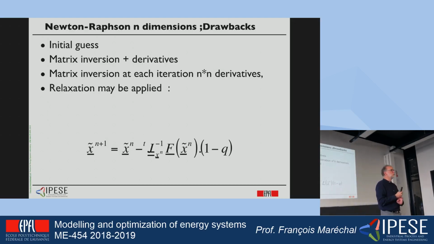We can always do a partial step. Okay? And in this case, we will apply a relaxation factor so that the new one will not be the full step, but will be somewhere in between, in the direction that I have calculated from the derivatives. Okay?